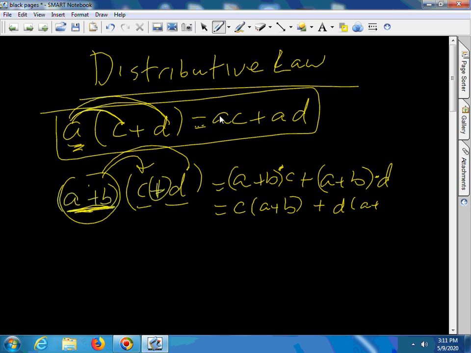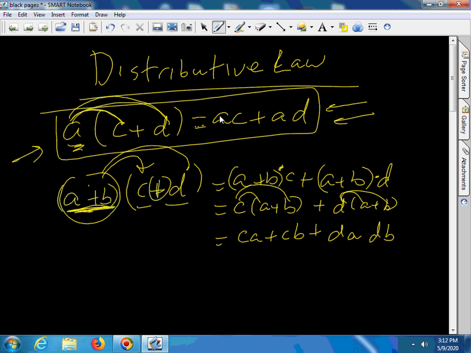I can switch the order. And now I can use my given distributive law, actually for the second time. And I get CA plus CB plus BA plus BB.